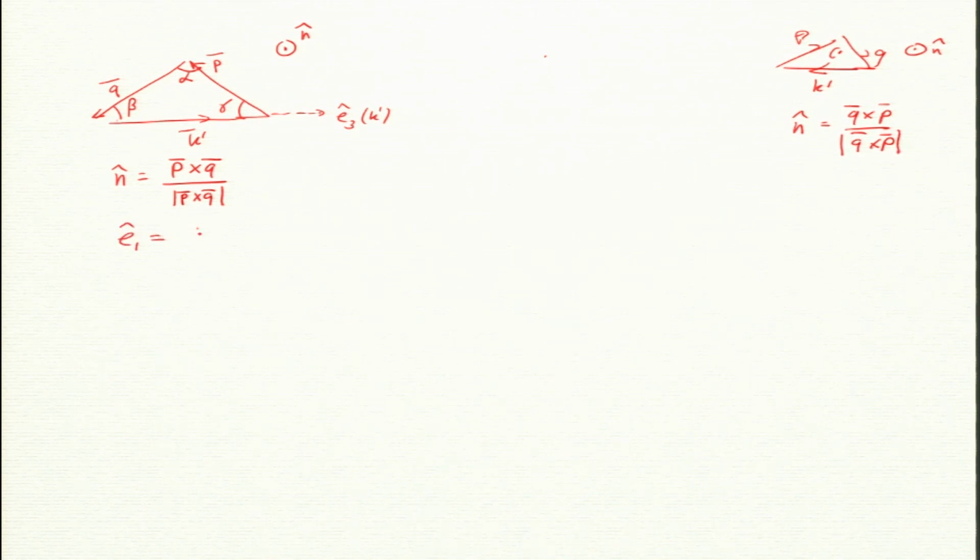E1 was k cross n by mod of k cross n, and k and n cap are perpendicular to each other, so the modulus is 1. They are unit vectors. So, what is k cross n? It is E3 cross k, downward, so this will go this way. So, this is my E1 of k prime.